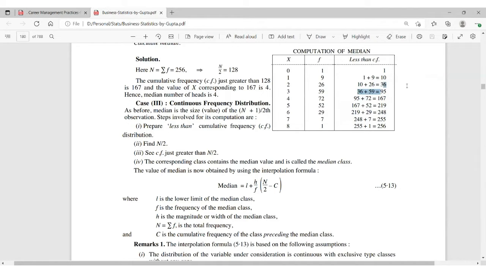Less than, yes, less than. 95. 167 is greater than, and this is less than. We need the less than number.